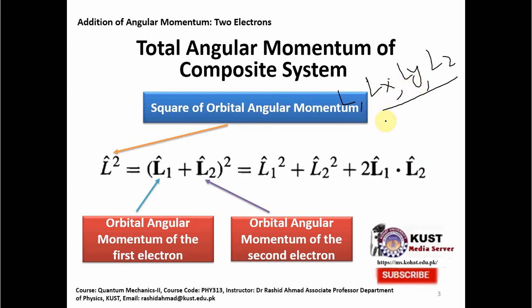Okay, so another question is: what other quantity shall we consider with L square? We can take Lx, Ly or Lz, anyone is equally good, but usually in the literature Lz is considered with L square. So how can we find Lz for the composite system?